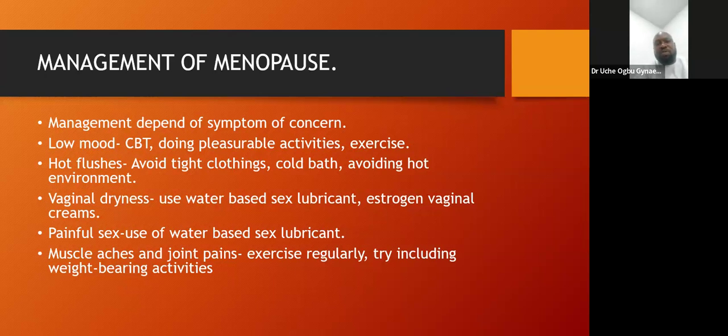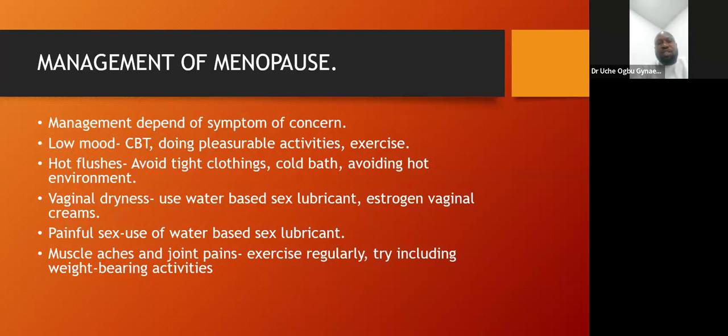They talk about ways that can help improve their mood, such as doing pleasurable activities they used to enjoy, and also trying to exercise. Studies have shown some of these things to be beneficial to postmenopausal women that are having low mood.